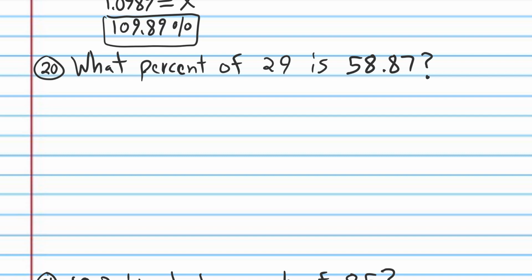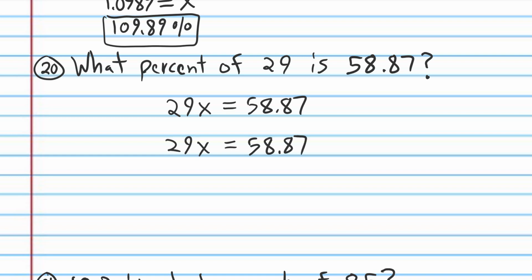All right, we're back. 29x is equal to 58.87. Again, these are all one-step algebraic equations. $58.87, I'm using my calculator, divided by 29 is equal to 2.03.